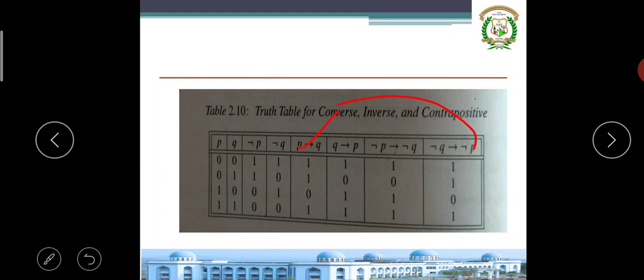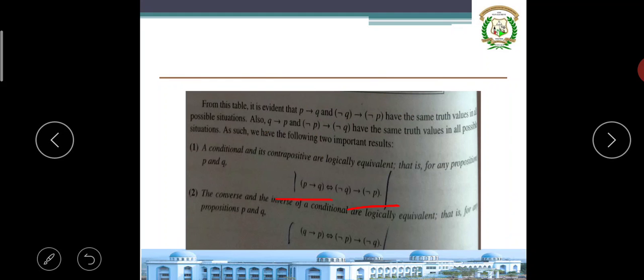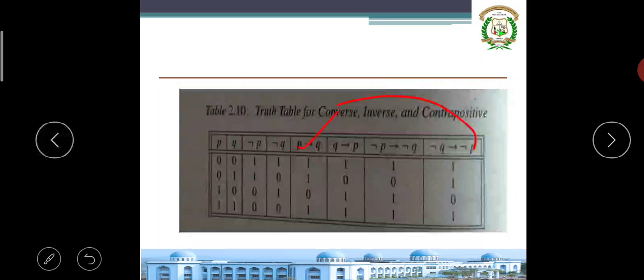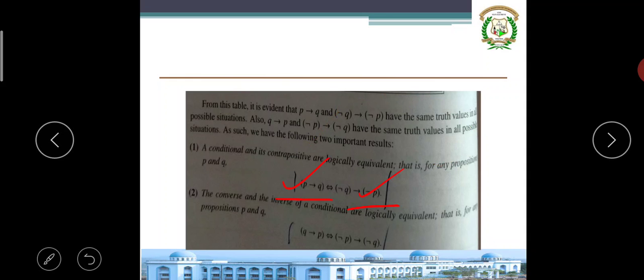P implies q is the conditional, and the contrapositive is minus q implies minus p. That's a contrapositive. Both are the same, which means logically equivalent.